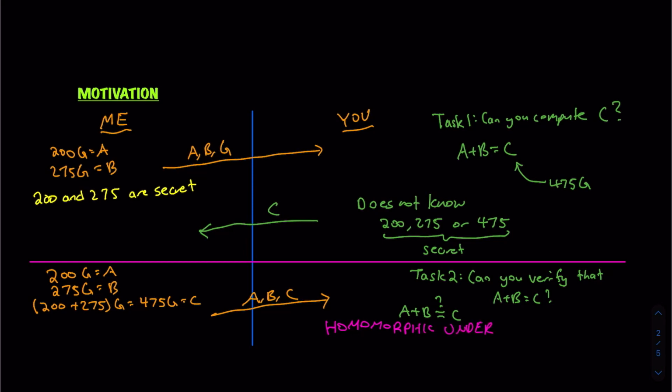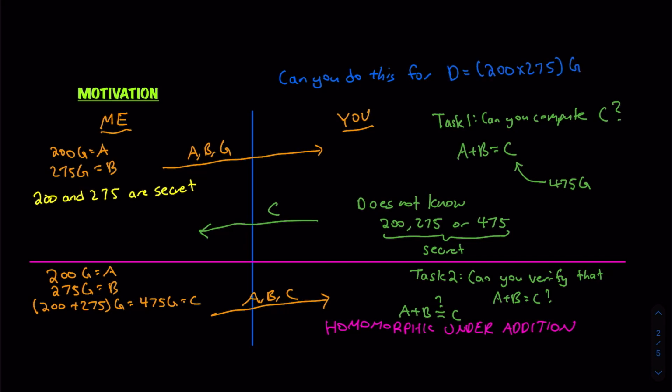Can we do the same for multiplication as well? Well, let's say again that I had the points A equals 200 times G and B equals 275 times G. And I asked you, hey, can you calculate D for me? What I want to know is, what is the value of 200 times 275G?